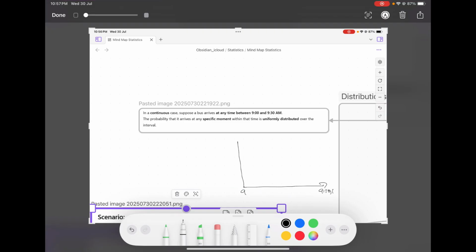It can be 9, so after 1 minute, 2 minutes, like that, up to 9:30. So what is the probability that the bus will arrive at this time? It is the same. So you will get a uniform distribution. So this is an example of uniform distribution.